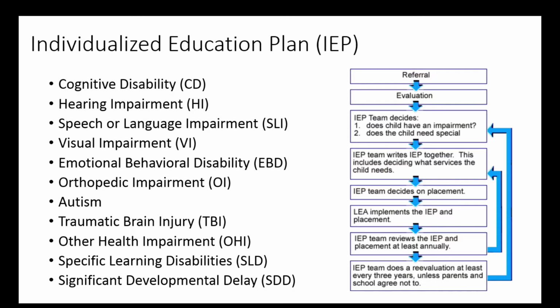There's a lot, so when we get to the point of establishing an IEP or an individualized education plan, there's a lot of different types of educational labels. In the medical world, we use, like I said, this big book called the DSM.